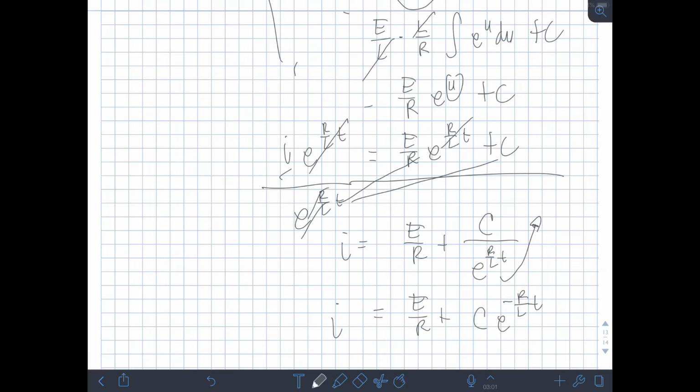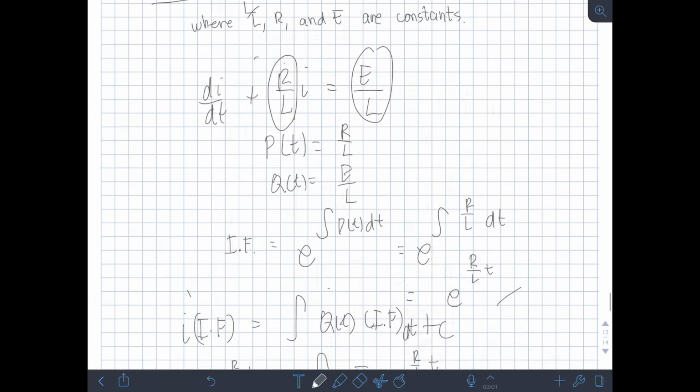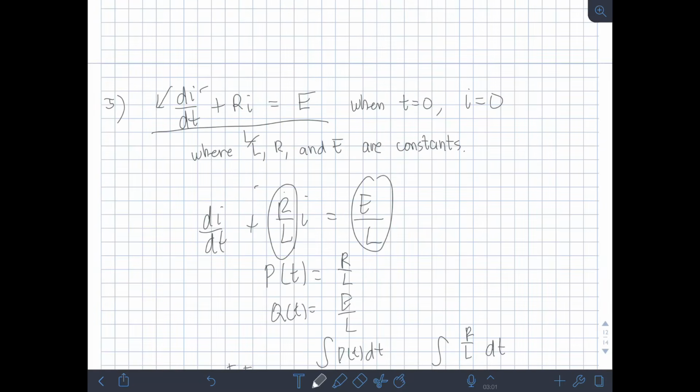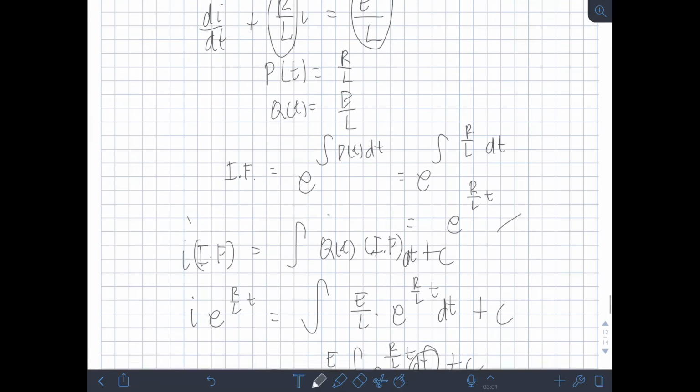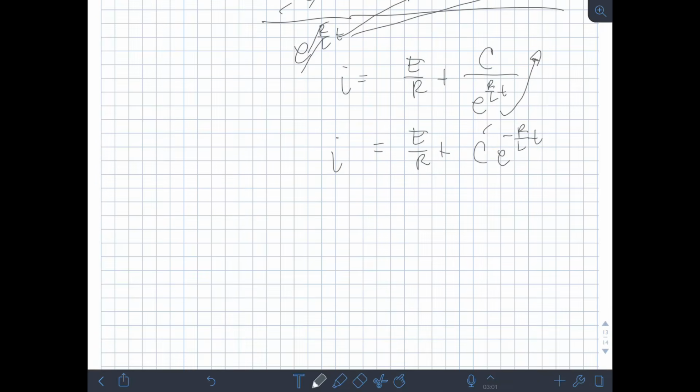Okay? Now we can solve for C by substituting T equal to 0 and I equal to 0. So we have I is 0 equals E over R plus C E raised to negative R over L, with T also 0.